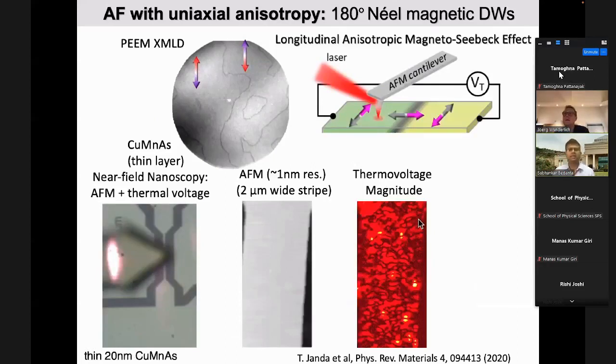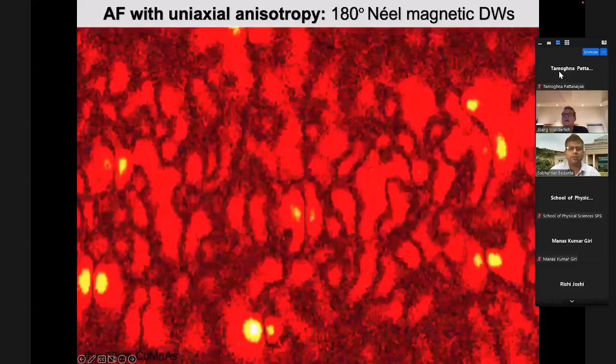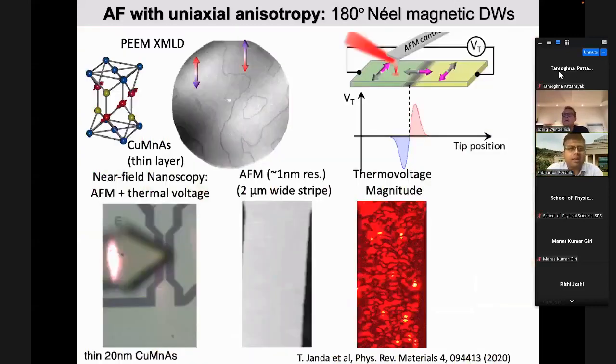So they are basically coming out of the uncompensation between the two ferromagnetic domain structures, because the origin of this is the thermal voltage generated by the magneto-Seebeck effect. This is in principle the thermal equivalent of the AMR.